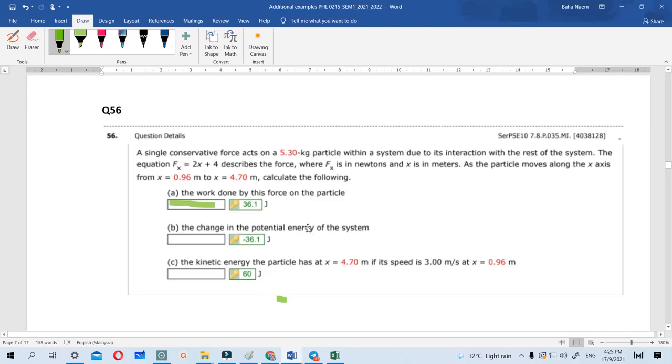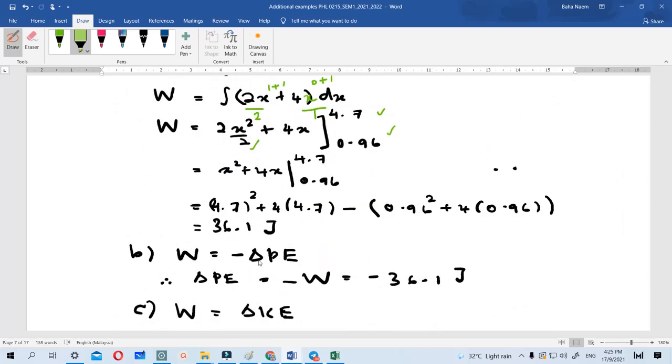Alright, how about the change in the potential energy? Change in potential energy and work done, if this is a conservative force, straight away they have the same value but opposite sign. See this? 36, negative 36. 36.1, negative 36.1. Alright, no argument for this case.